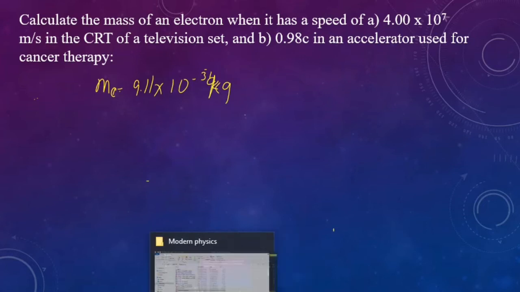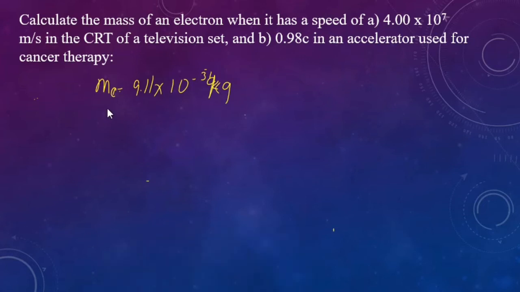The mass is equivalent to gamma times the rest mass, where gamma is 1 over square root of 1 minus v squared over c squared.